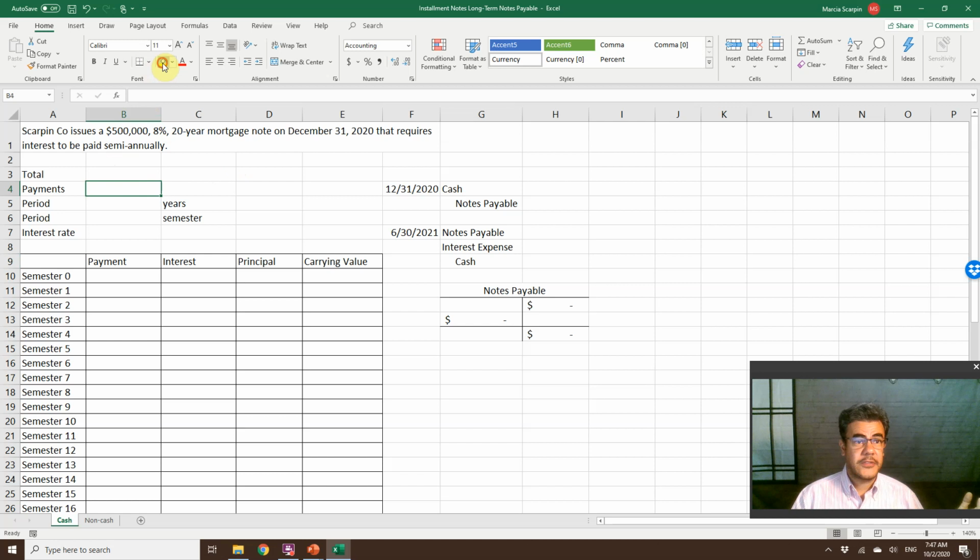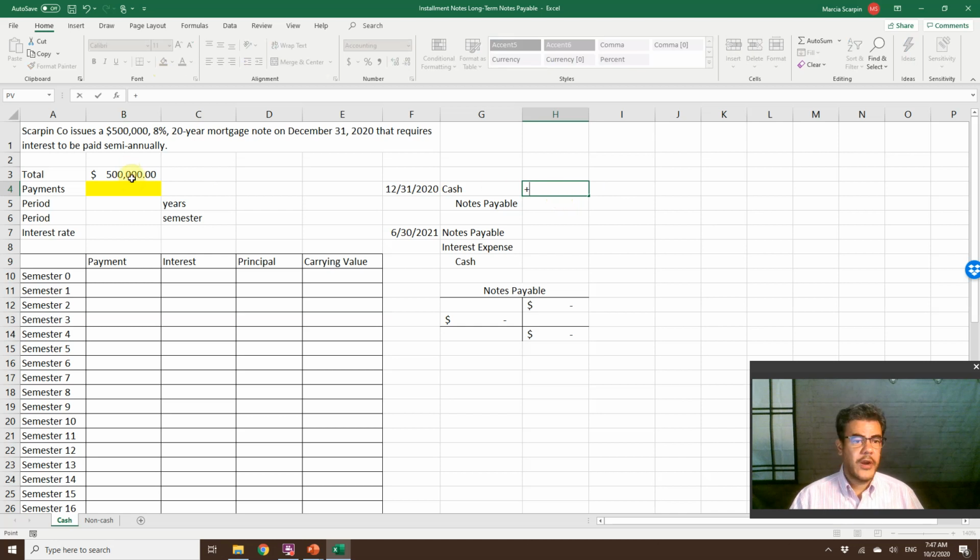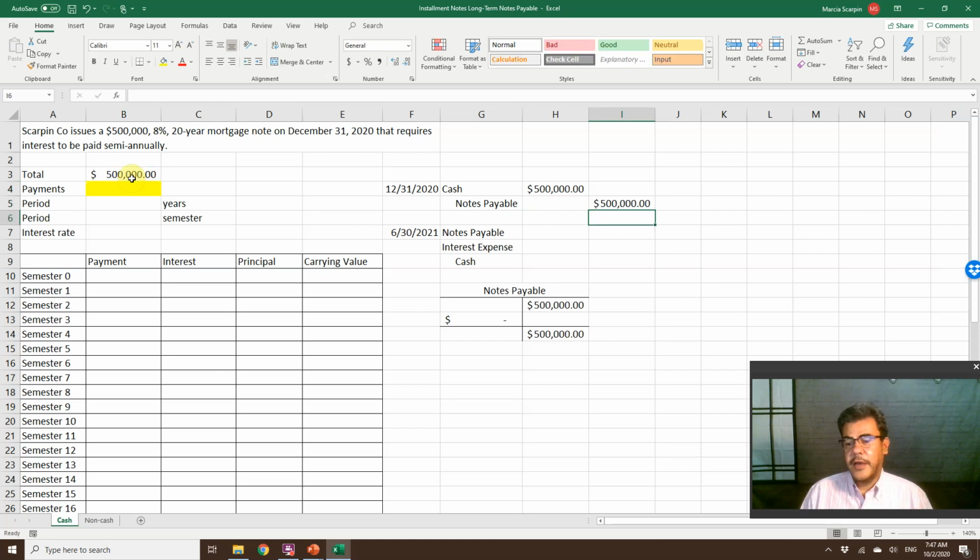Our payments. How much we will be paying each semester, because we don't pay only the interest, we pay interest plus principal. So our total $500,000. That is on December 31st, our cash and our notes payable. So this is our first journal entry here.